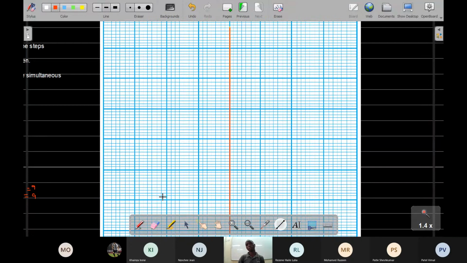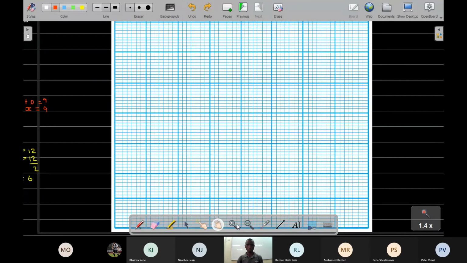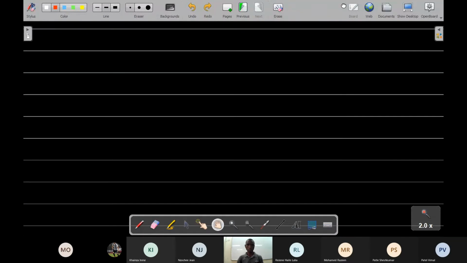Okay, if this one doesn't work well, I'm going to just remove it. Let me just try to draw it freely so that I don't use the other one.